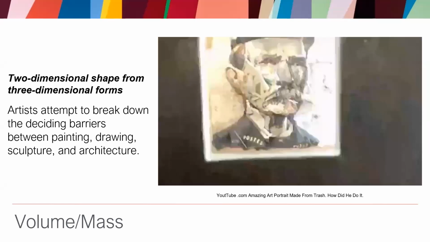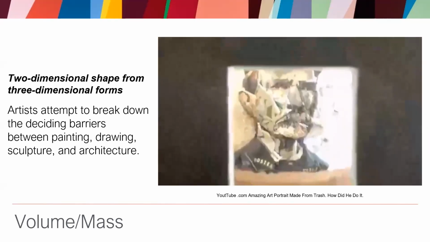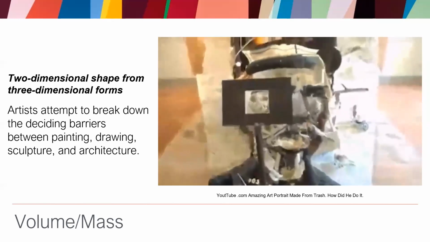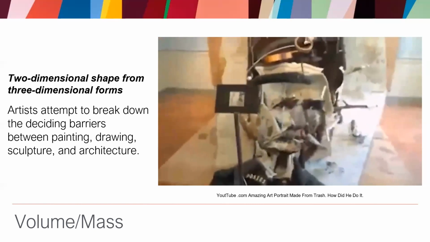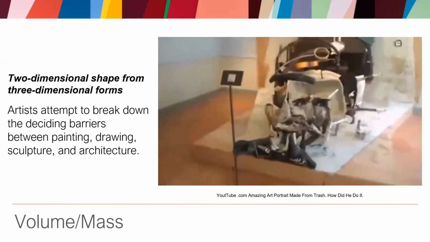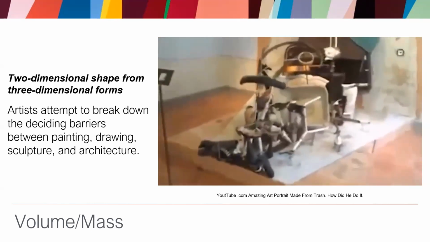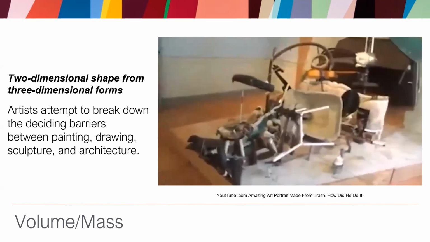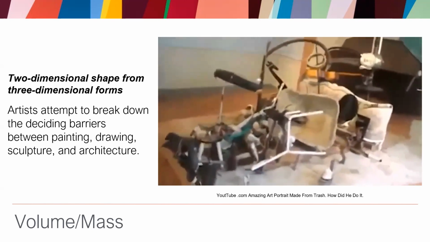So this is the interesting concept here. It looks like a two-dimensional shape, but as we pull back and see the perspective change, we've got all of this garbage that turns into something.